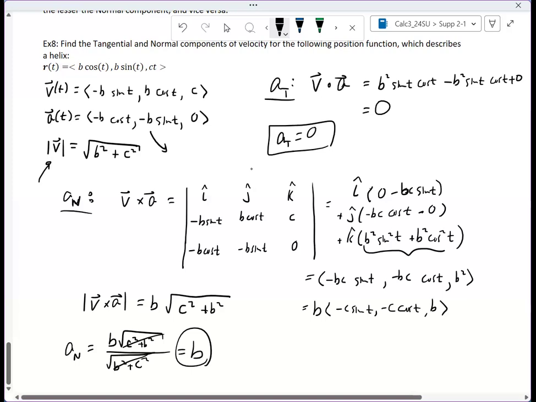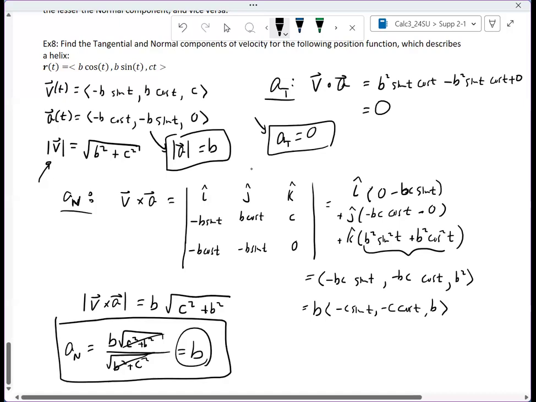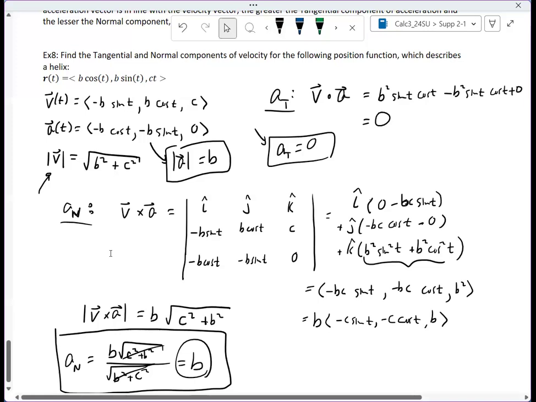Note, of course, that the length of my acceleration vector is just b. So all of that magnitude is going into the normal component. None of it is going into the tangential component. So even for this helix, we don't have anything pushing upwards. The upwards bit of the helix is just maintaining the velocity that it already has in that upwards direction.